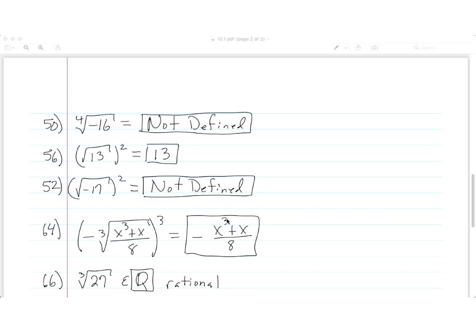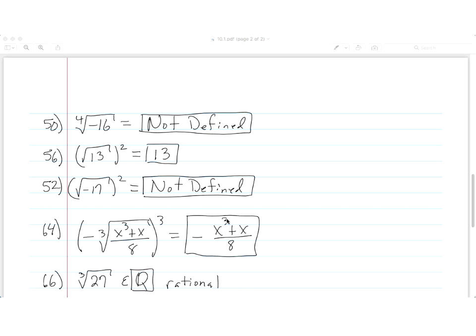Let's say that the radicand is a rational number to an nth power, so it's a perfect nth power. Then the nth root of this perfect nth power is rational. If the radicand is not a perfect nth power, then the answer will be irrational. If you try to take an even root of a negative number, then that quantity will be a non-real answer.